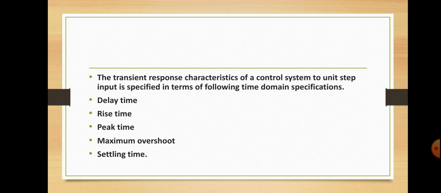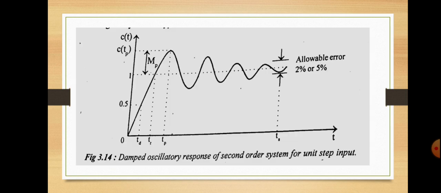The 5 time domain specifications in the case of transient response are delay time, rise time, peak time, maximum overshoot and settling time, and all these are marked in this curve, which corresponds to a damped oscillation response of a second order system. They are delay time TD, rise time TR, peak time TP, maximum overshoot MP, and settling time TS.